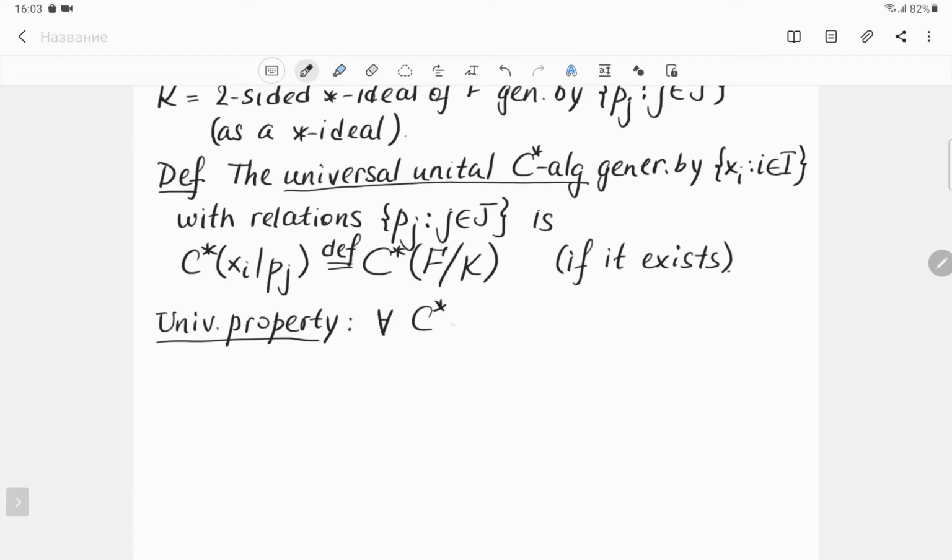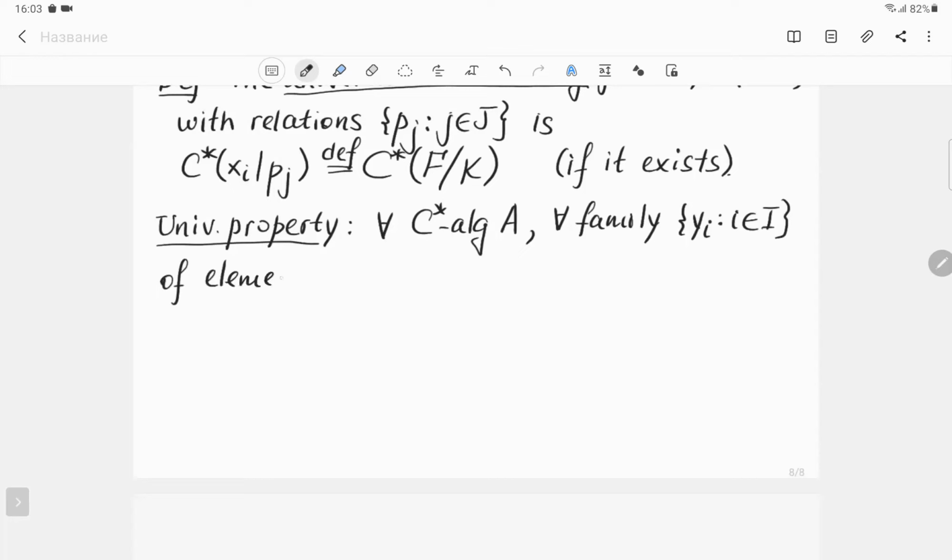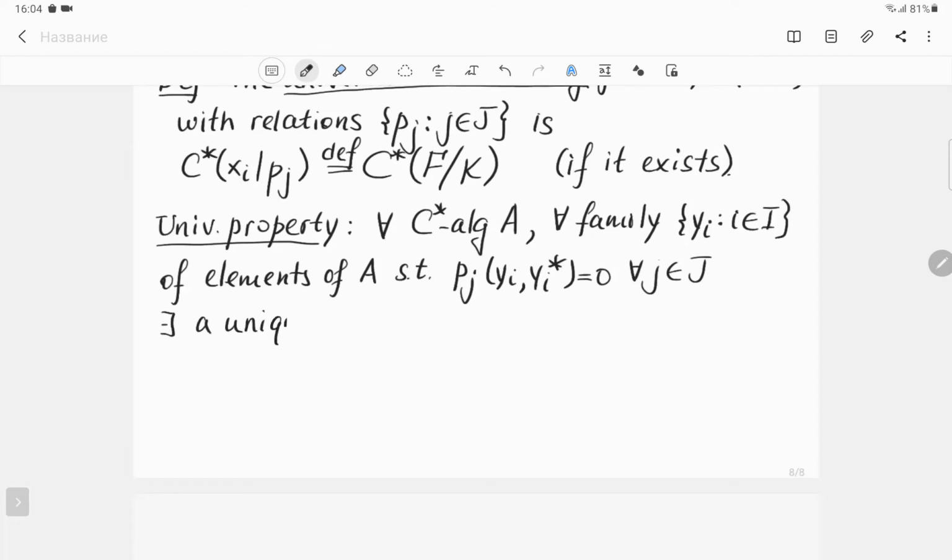For each C-star algebra A, and for each family yi of elements of A such that each free polynomial Pj vanishes on yi and yi star, for each j, there is a unique unital star homomorphism, say alpha, from the universal C-star algebra to A, which takes each xi to yi.